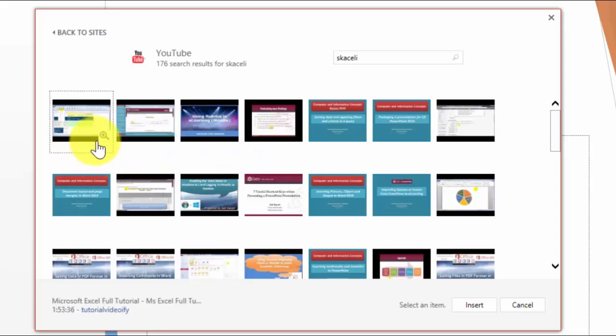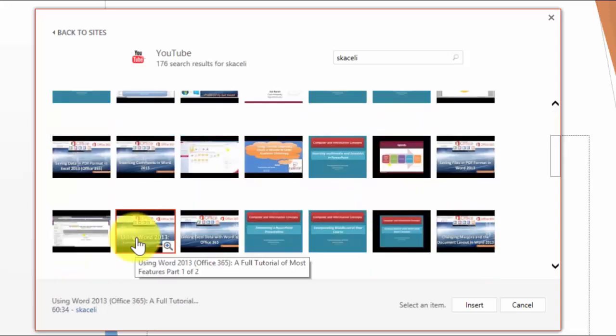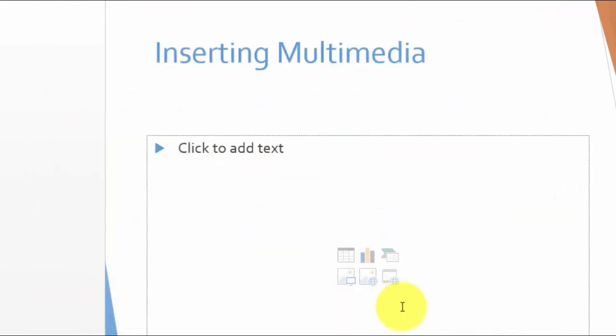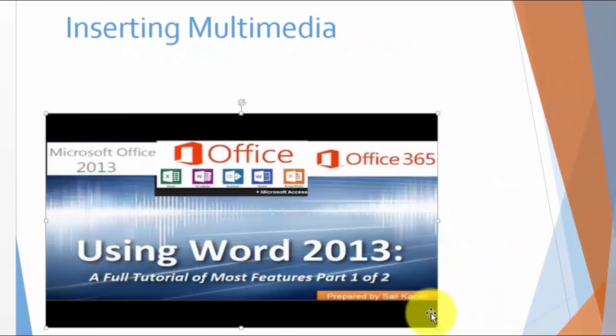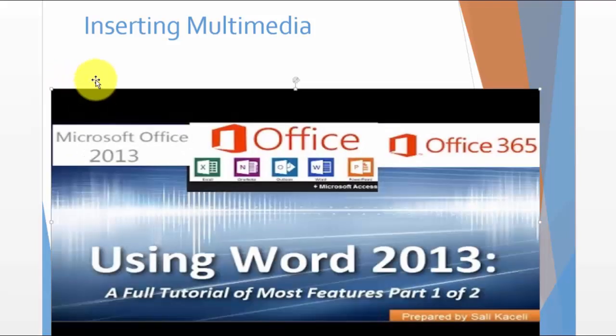Now let's say I want any of those videos to be presented here. Just pick any of them, let's say using Word 2013, and then click on Insert. Once you click on Insert, you can resize this, and at this point this is linked to YouTube and it's going to be streaming it from here when you present it.